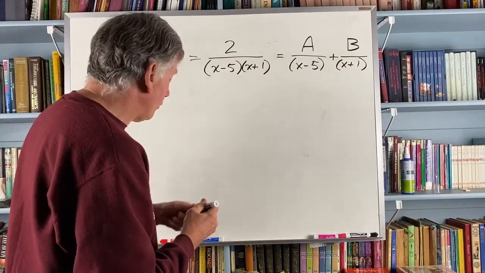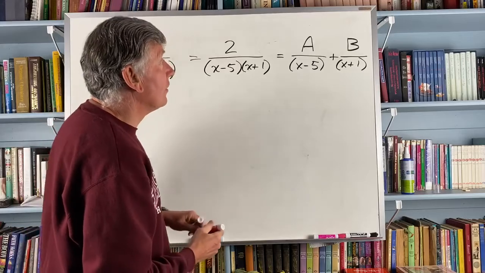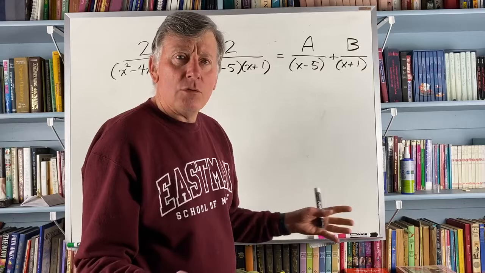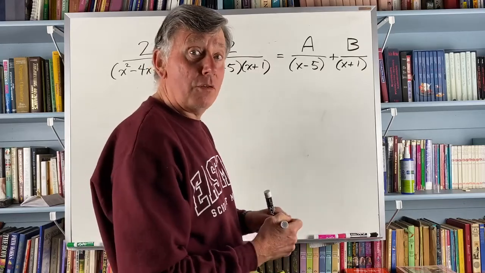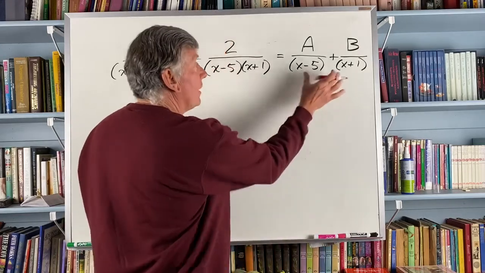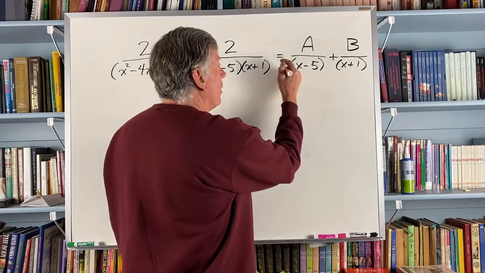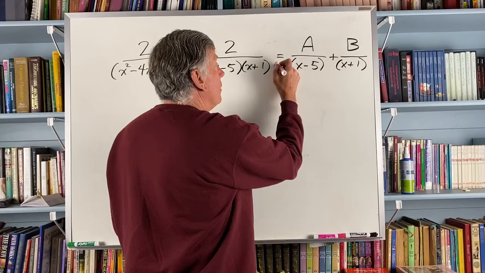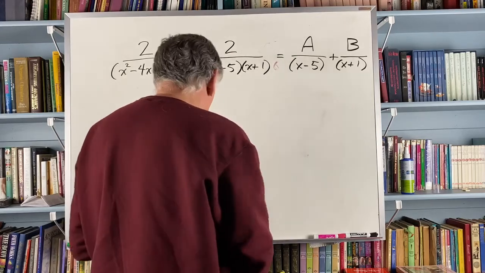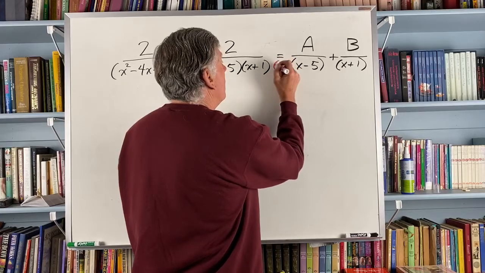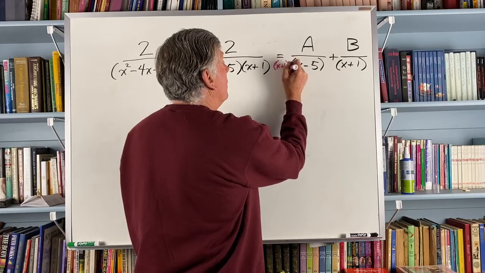What I have to do to get going on this is, just like you did with rational equations back in 097 or wherever you learned it, I need to make all my denominators the same. What's missing in this one is x plus 1.